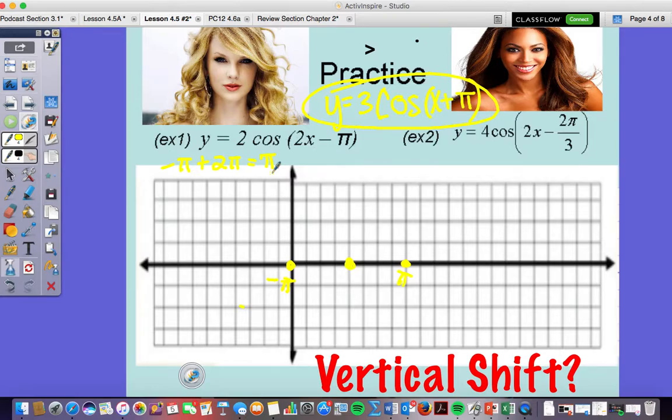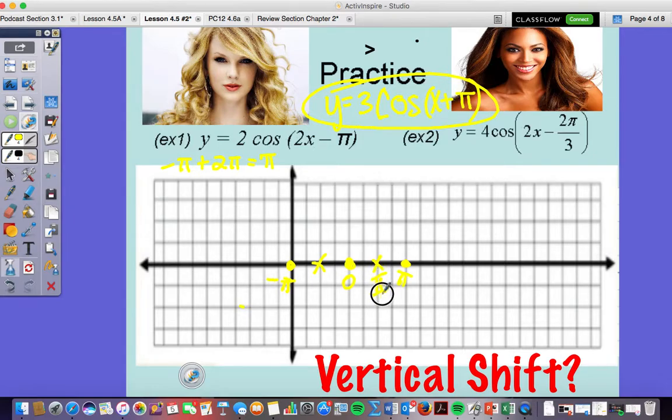So what's between negative pi and pi? 0. Good. So we would have 0 as my middle here. And then you added 1/2 to get pi over 2. Yes, so when I look at the middles, I notice between 0 and negative pi is negative pi over 2, and between 0 and pi would be positive pi over 2.